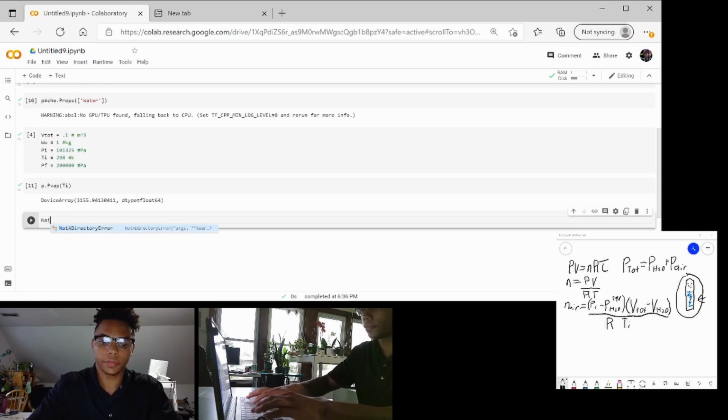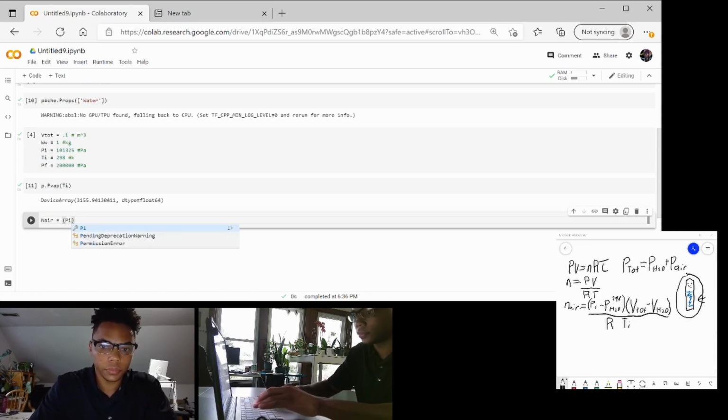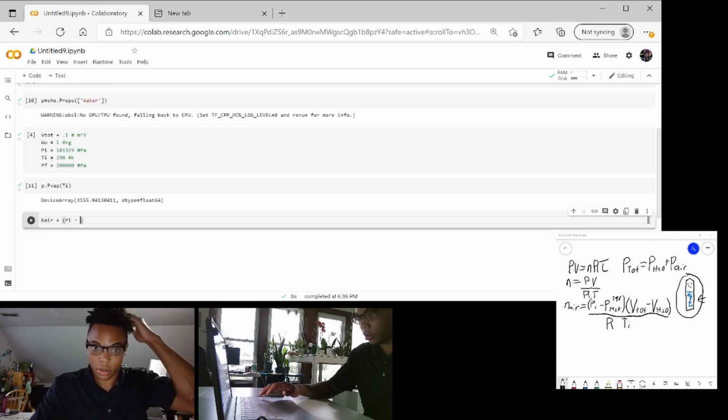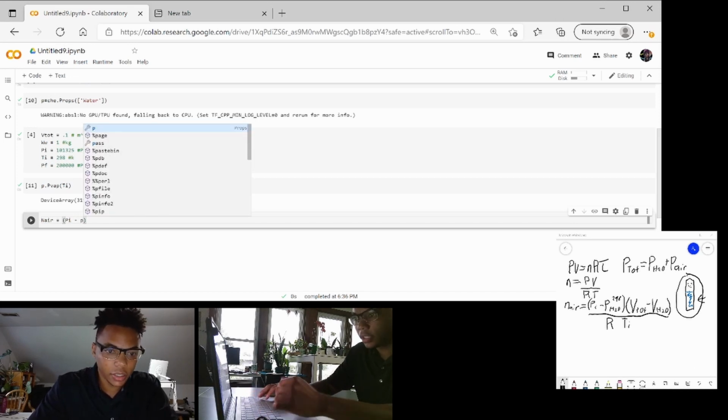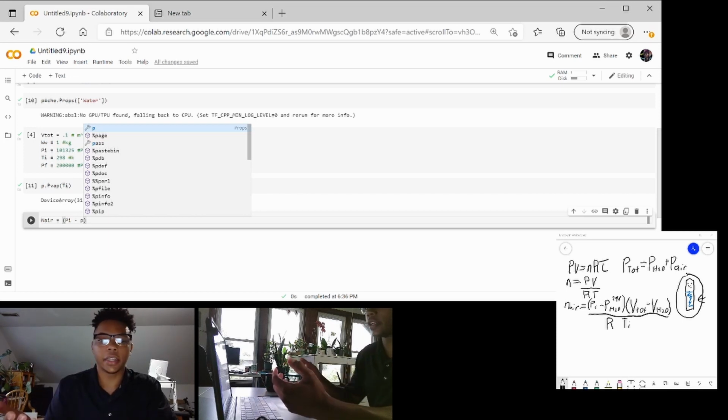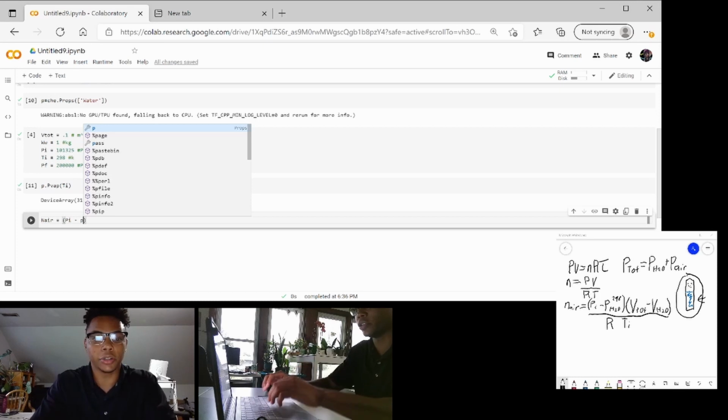So moles of air is going to be equal to our pressure, which is Pi, minus our partial pressure of water, and we've actually already solved that once, haven't we? You see how our chem properties tool is really going to come in handy right here? We don't have to go find it. It's already in our data, and we're able to just implement it into our coding equations.